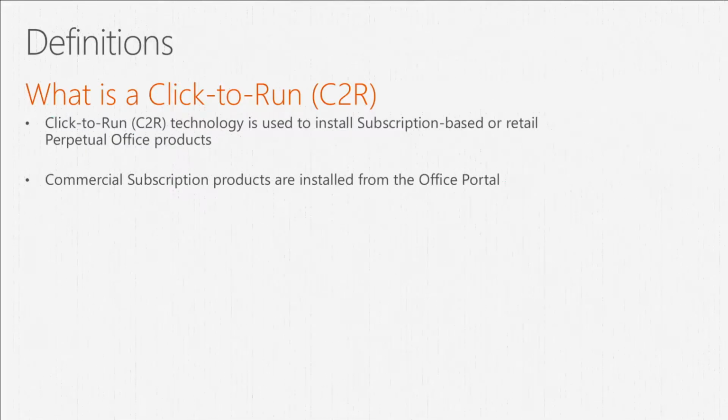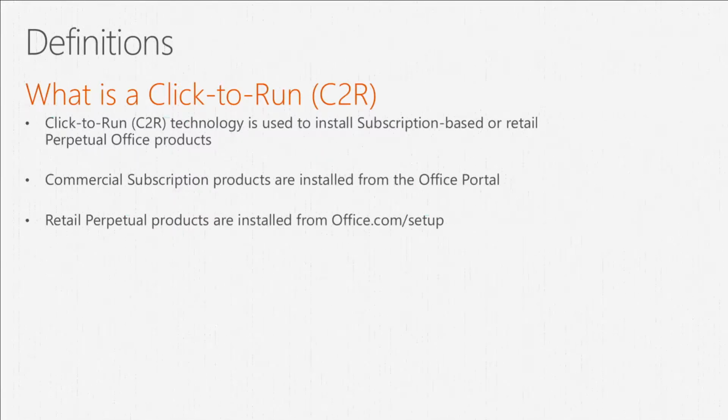If you have a commercial subscription, you go to the Office portal and get Office installed from there, or you can use the Office deployment tool. Those that have a retail perpetual go through office.com/setup and then manage that through the My Accounts page.